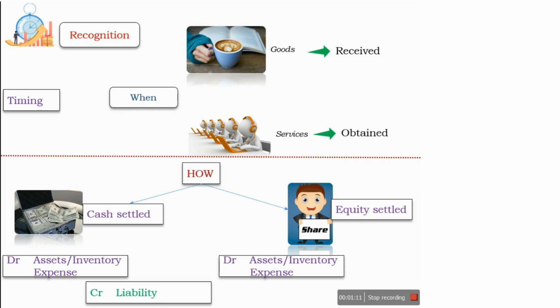But on the credit side, we will book an increase in equity. This is the basic recognition criteria that we have discussed. So let's break them down more specifically in line with the various types of transactions in the next slides.